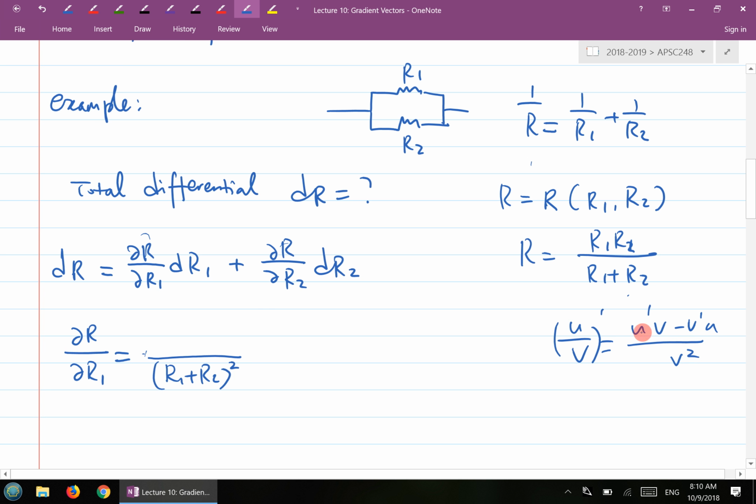U prime here, meaning this is U, is partial U over partial R1, which is R2, times V, which is R1 plus R2, minus V prime times U. So partial V over R1, which is 1, times U, which is R1 R2. Good. So that's the result of this partial derivative, and with a little bit of simplification, you get R2 squared over (R1 plus R2) squared here.